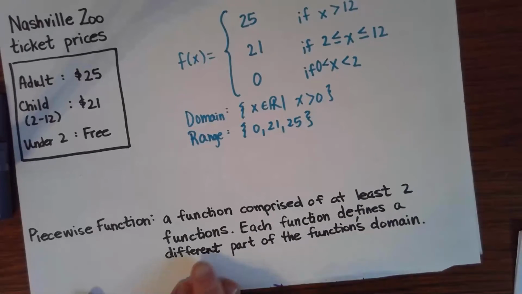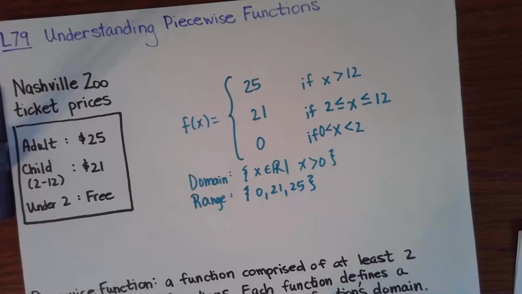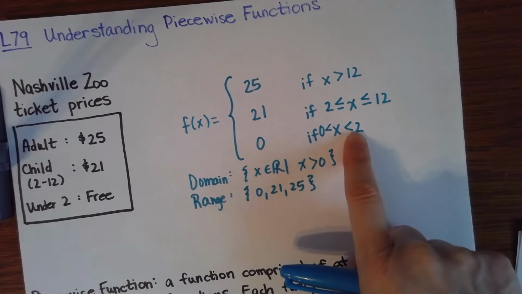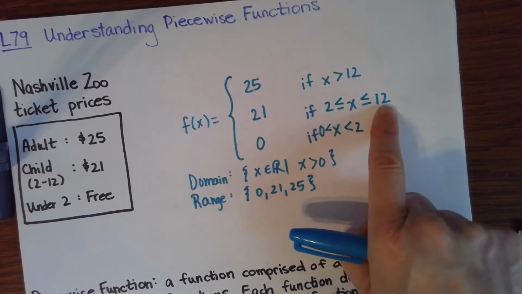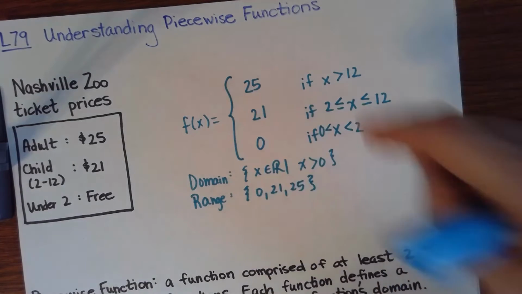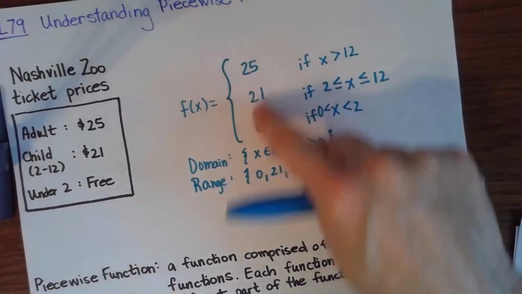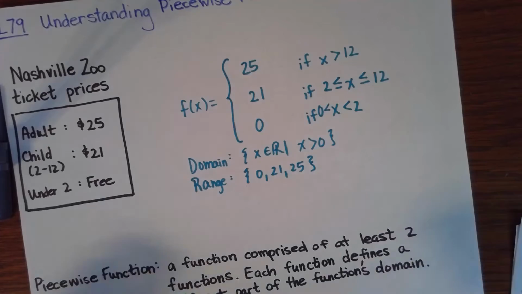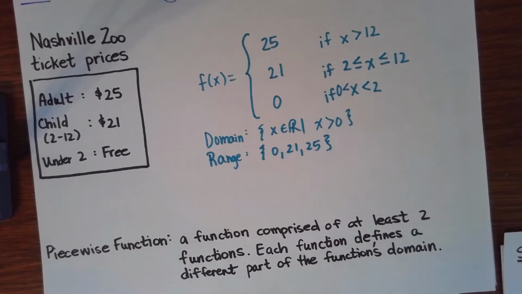But we've divided the domain into different parts. So part of the domain is between 0 and less than 2. Part of the domain is from 2 to 12 inclusive, and part of the domain are ages that are greater than 12. So we've divided up the domain into different parts, and we've made a different rule for each part of the domain. Okay, and so that is what a piecewise function is.